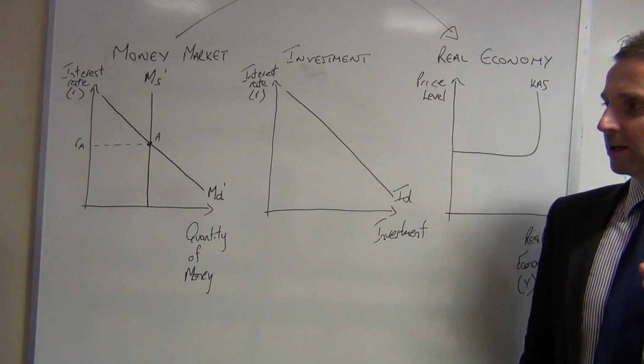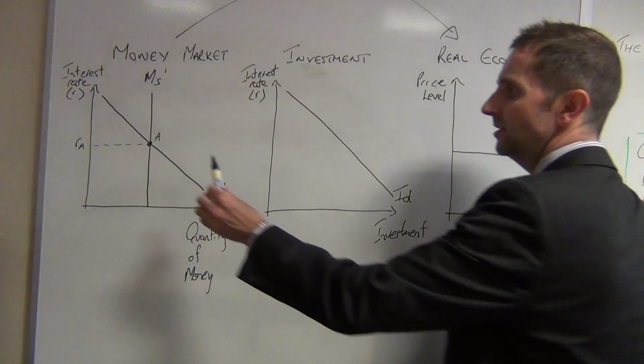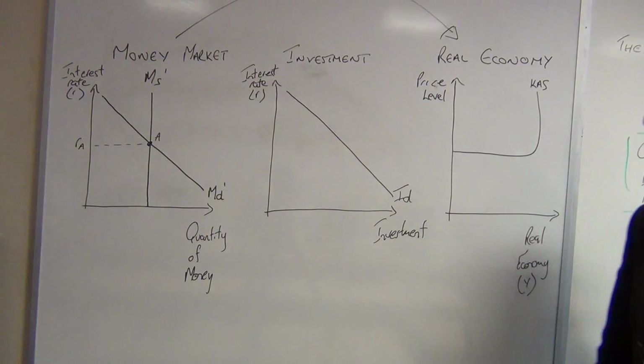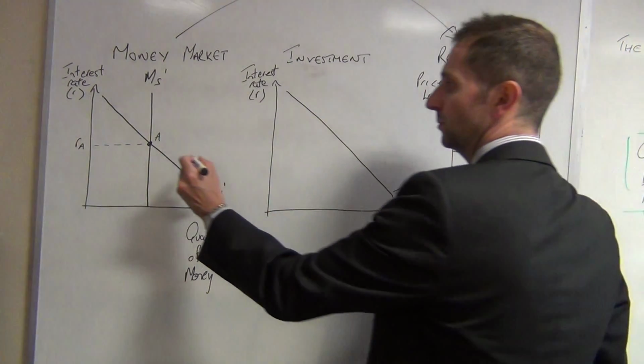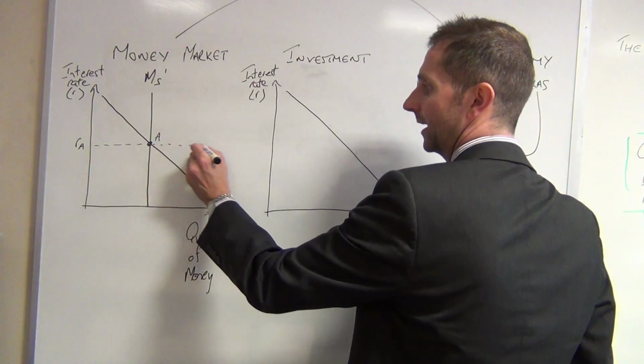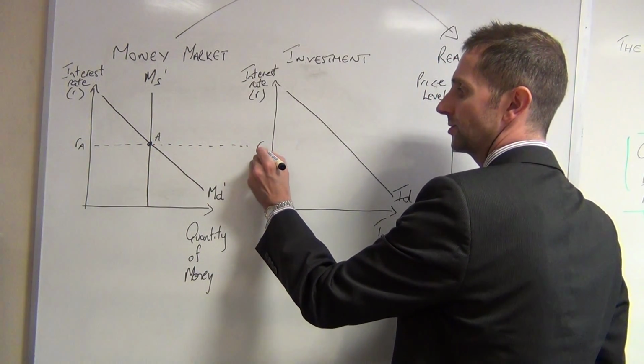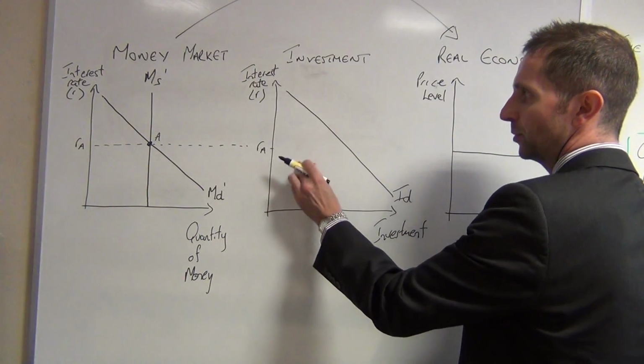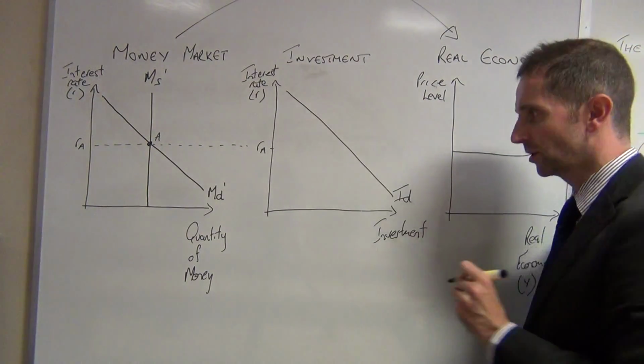So at an interest rate of RA, we then need to consider how much investment demand that will actually bring forth. And to do that, it's quite simple. We're just going to take RA all the way across. So this is the same, an equivalent point, but now we're on the investment demand curve.